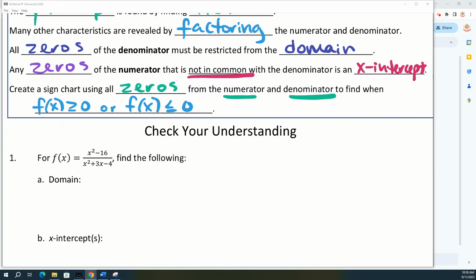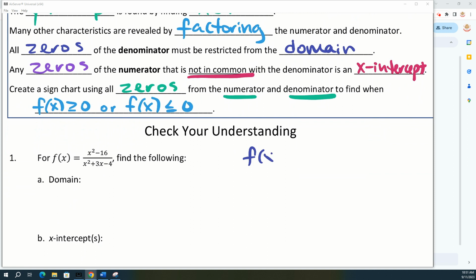All right, so let's look at number 1. We're going to do all the things. Don't be surprised on the AP test if on the multiple choice they just ask you to do one thing, if they just ask you to give the x-intercept or just tell where the function is greater than or equal to 0. But we're going to go ahead and just practice all of them together.